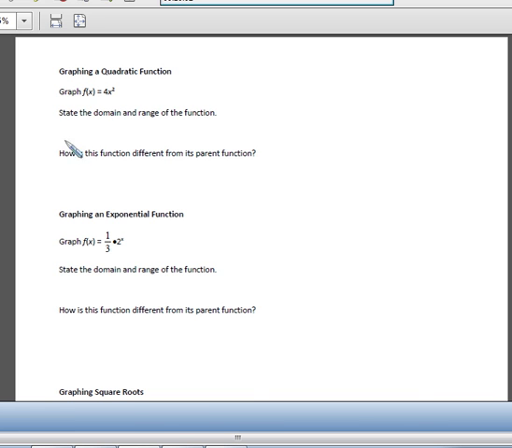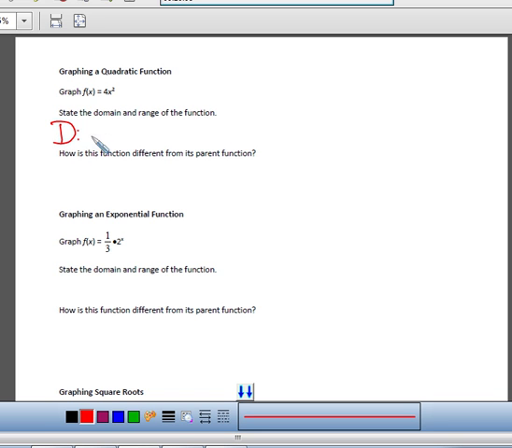Watch how I write it this time. Domain is, again, all real numbers. Going from left to right, it's negative infinity to positive infinity. Remember, it can't land on infinity. So all real numbers. The range, watch this, f of x is greater than or equal to 0.